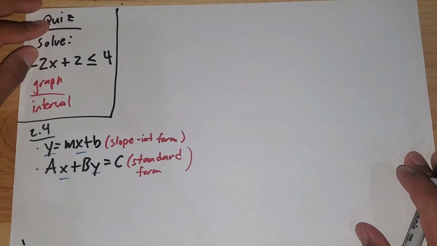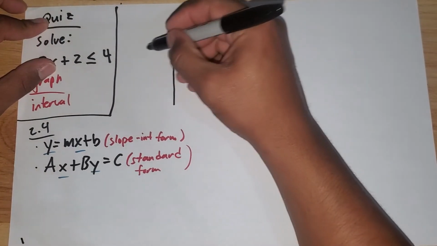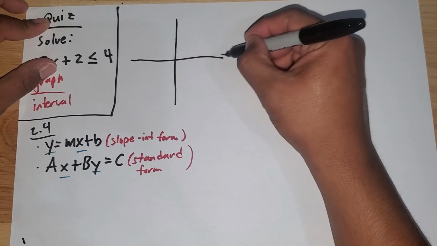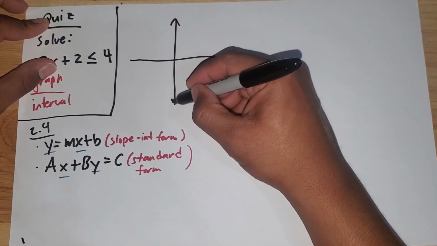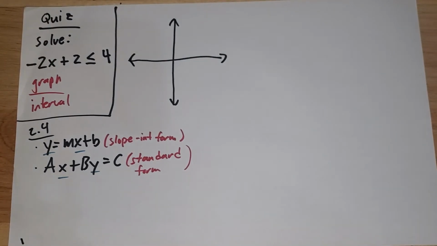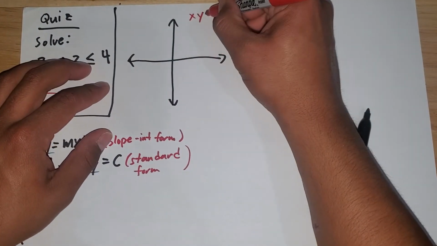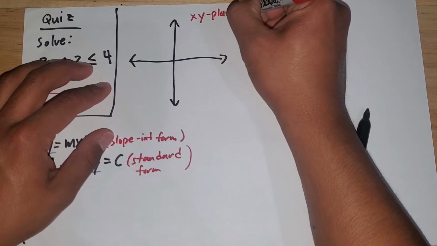Let me move this a little down, a little up. So hopefully you guys remember this graph. Its fancy name is the Cartesian plane, or you can also call it the XY plane.